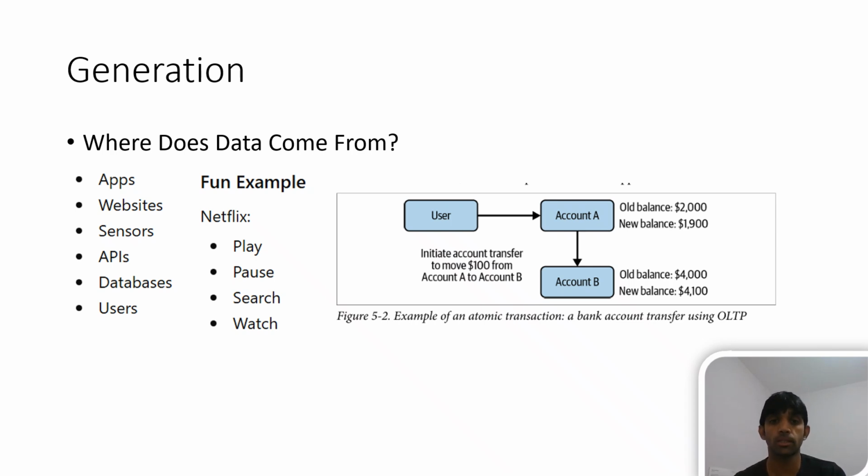Now look at this other example, an atomic transaction in a bank account using OLTP. It goes into account A and account B, and then they understand how much balance is left, and that is initiating a data collection point. So that's a source of data.